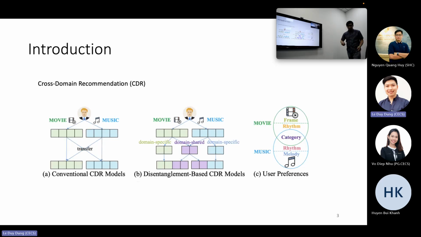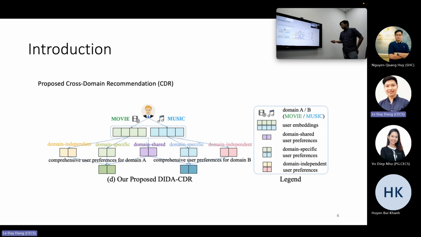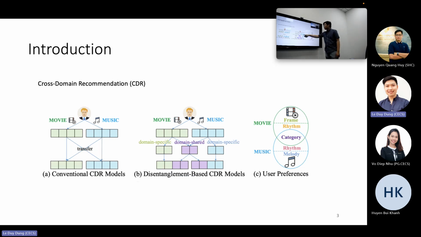Okay, let's move to the next slide. I want to tell you shortly about their proposed cross-domain method, with domain-specific and domain-shared information. This is the user embedding for the movie domain. There are two domains in this category, movie domain and music domain. They want to track the mutual information between the domains.